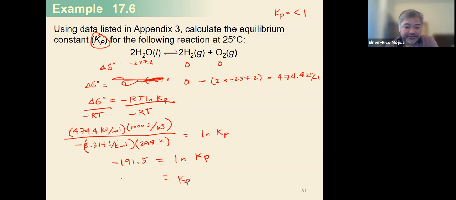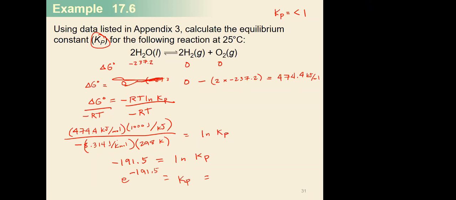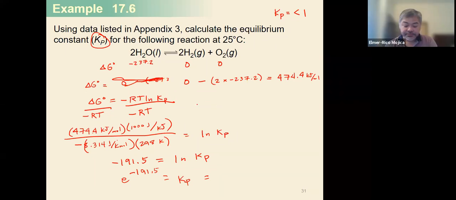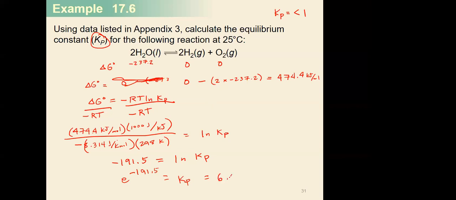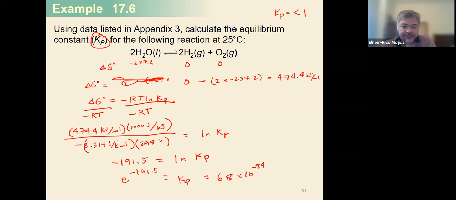Kp equals e raised to the negative 191.5, and that will give you 6.8 times 10 to the negative 84. So it's a very small number.